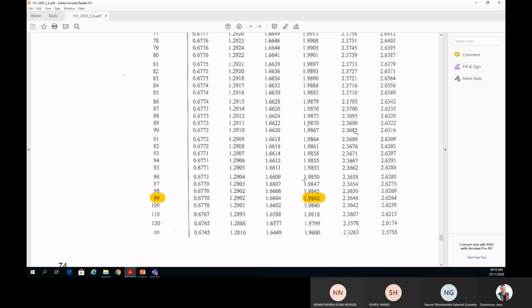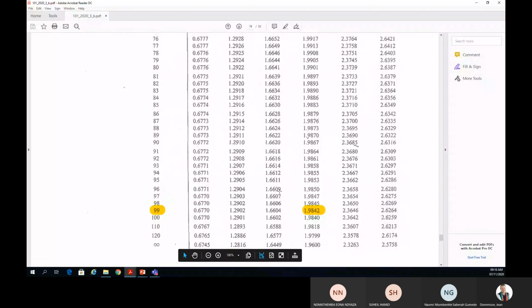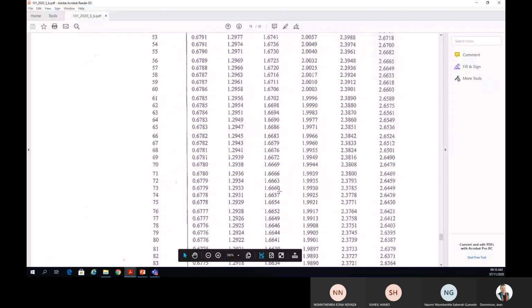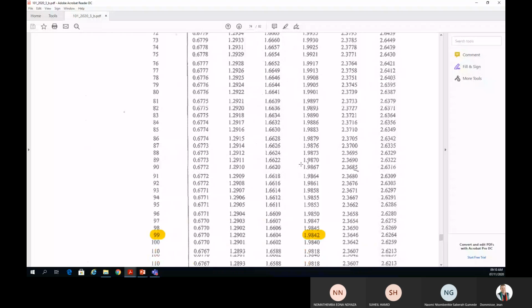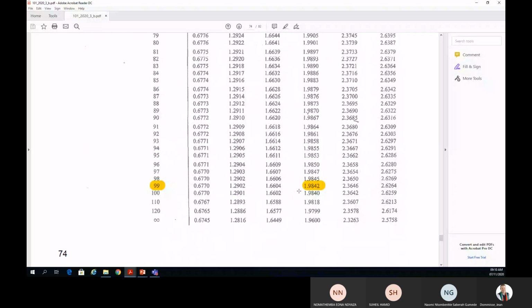Okay, so hopefully we're back. You can see the 99, the 0.025, and where it crosses we get the value of 1.9842.